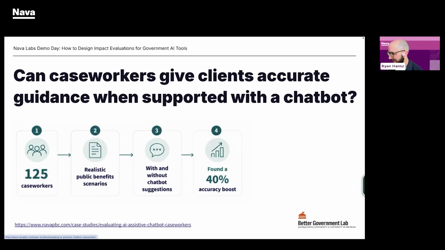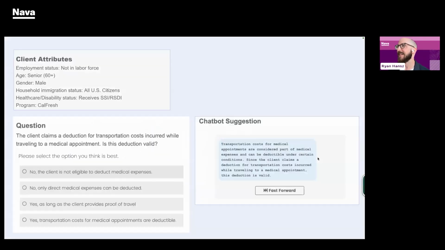And they found generally about a 40% accuracy boost overall, and finding the largest gains on the hardest questions, and pretty promising evidence that the tool helps boost the accuracy for the caseworkers using it to support SNAP questions.